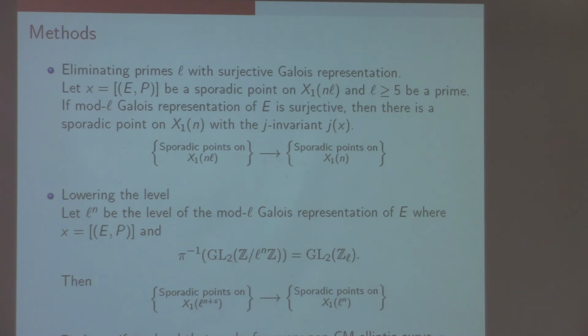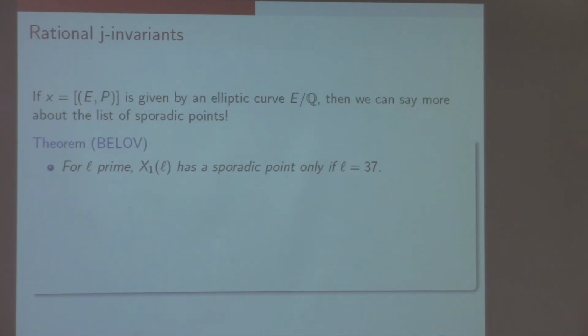All right. So then, one more thing that we can say is that if I focus on just the rational j-invariants, we can have a sporadic point of any degree, but I only assume that the elliptic curve given by this point has rational j-invariant.